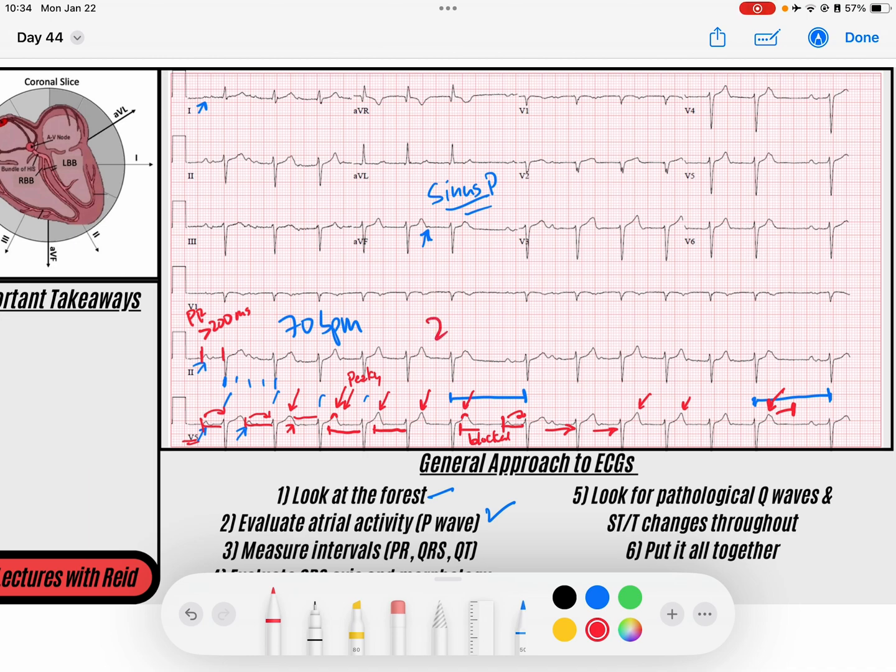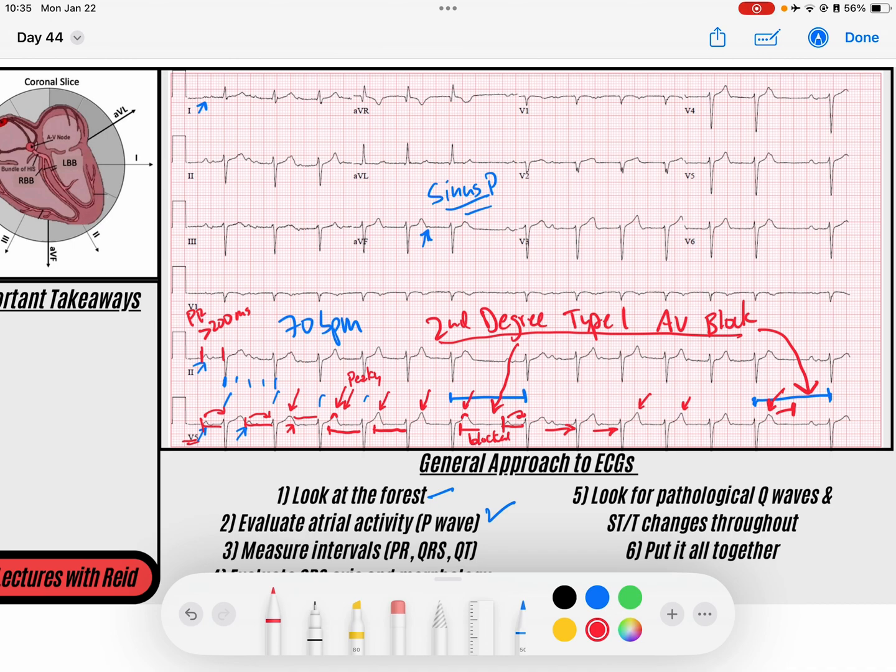This is a second degree type 1 AV block. That would explain this pause, and it would explain this pause, because for both of those pauses, we see the PR intervals getting longer and longer until they drop. So far, we've got a sinus rhythm with a second degree type 1 AV block.